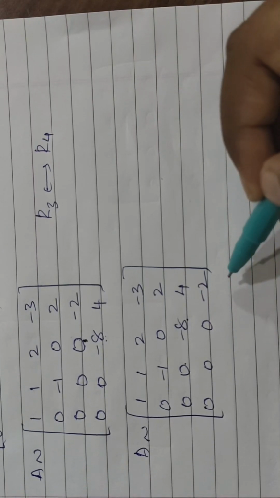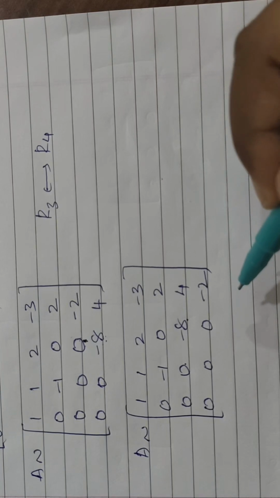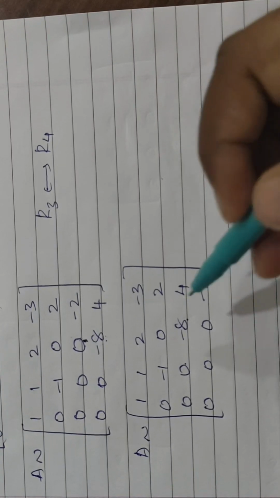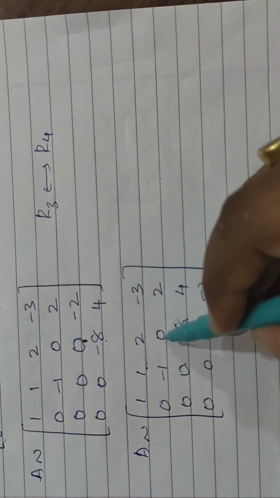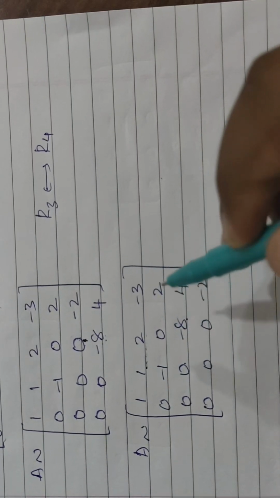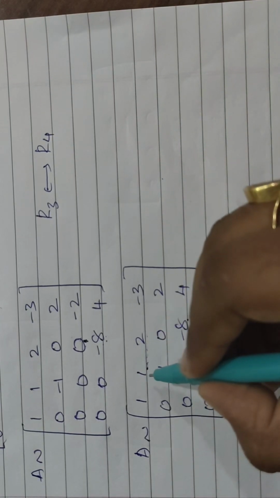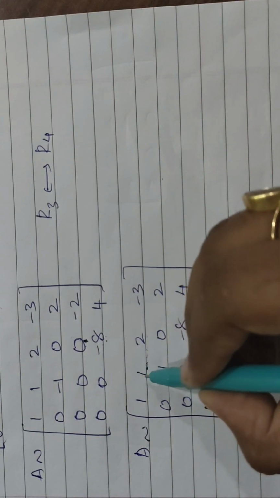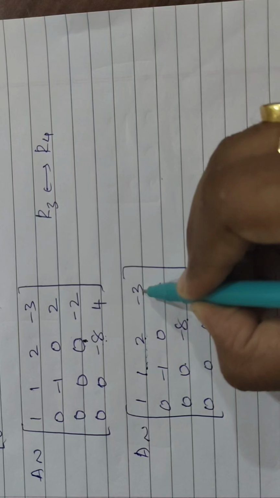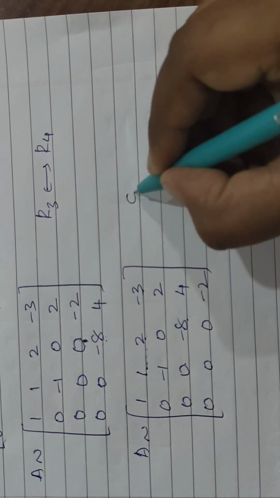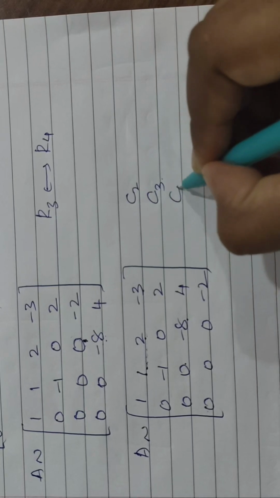And now we'll move on to the normal form. In the normal form, we'll make these 0. The first step in normal form is we'll make these 0 using the first column. So the column transformation is for C2, C3 and C4.